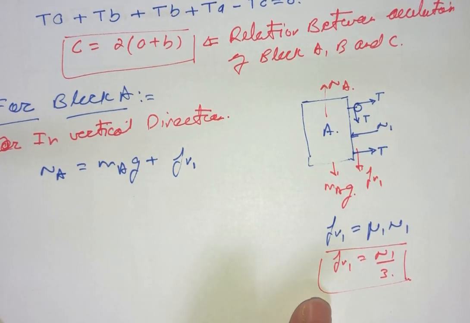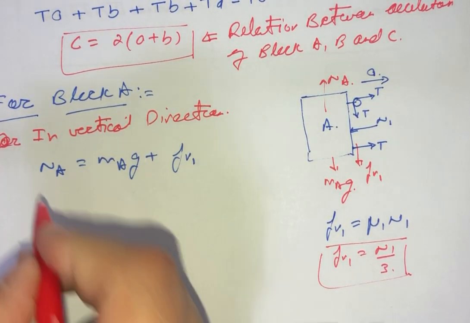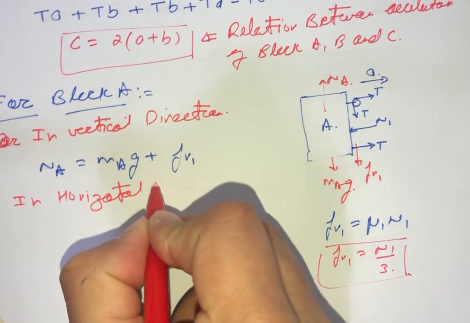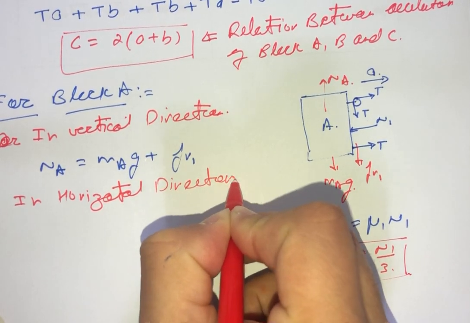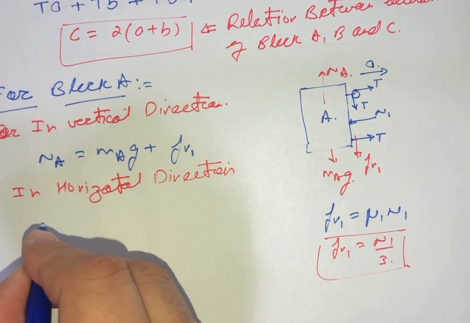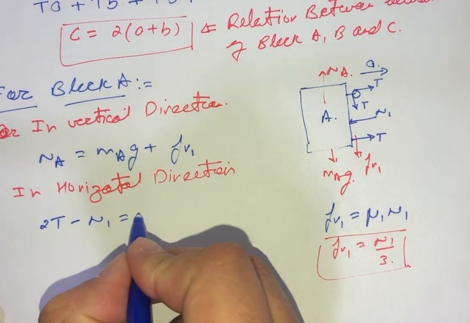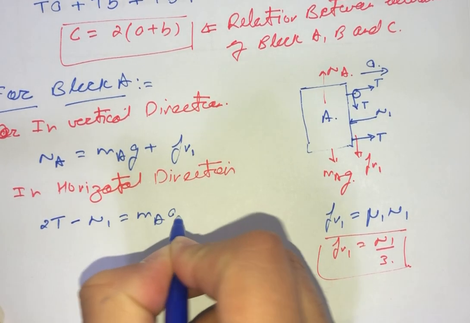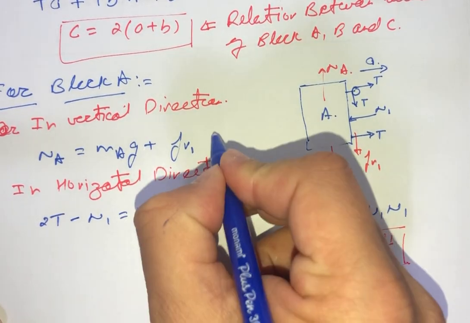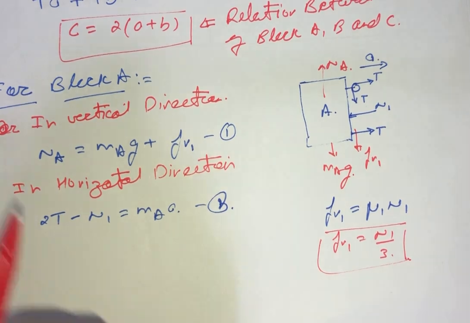Now we can write the equation in the horizontal direction, where it is moving with acceleration A. In the horizontal direction there will be two tensions, so 2T minus normal N1 is equal to MA times A. Let us call these equation 1 and equation 2, and these are for block A.